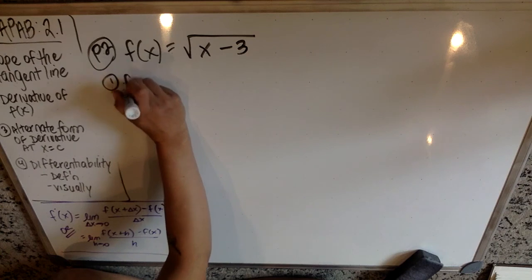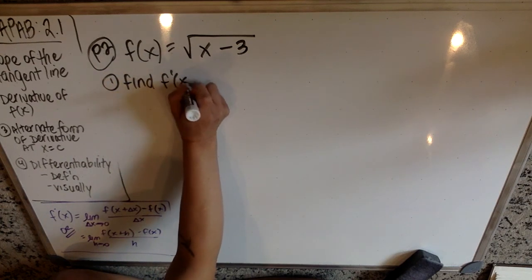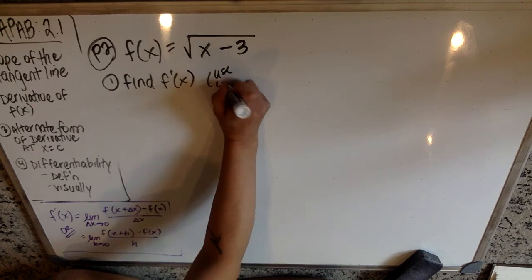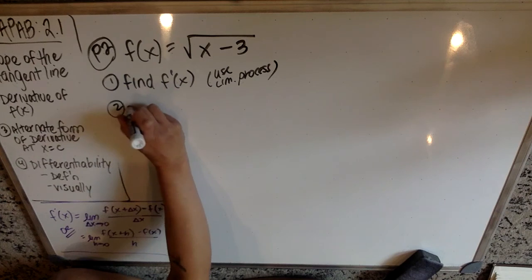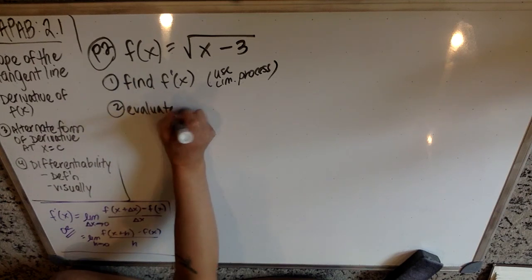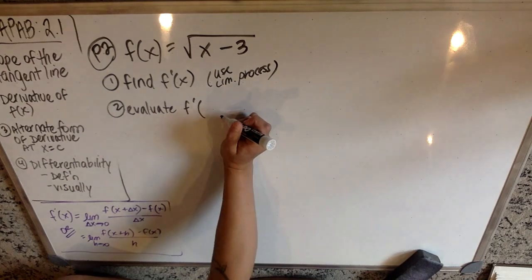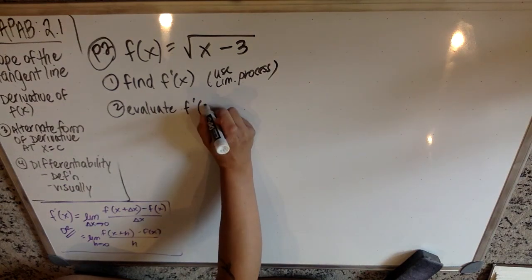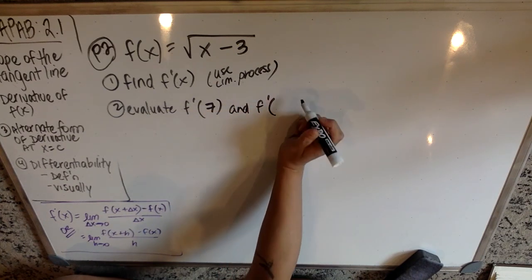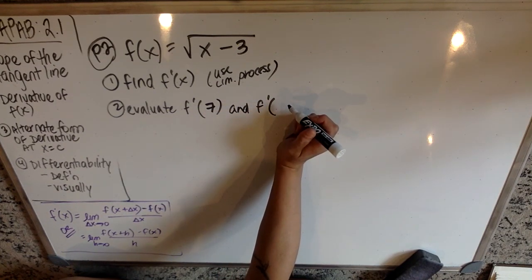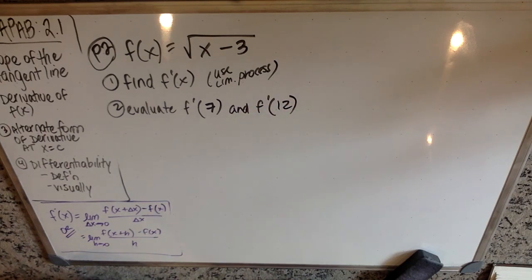And I want you to find f prime of x, again, using the limit process. No cheating. And evaluate f prime of 7, and f prime of 12. Okay, so pause me if you want. I'm going to go ahead and walk through that skill set, and then we'll go from there, okay?